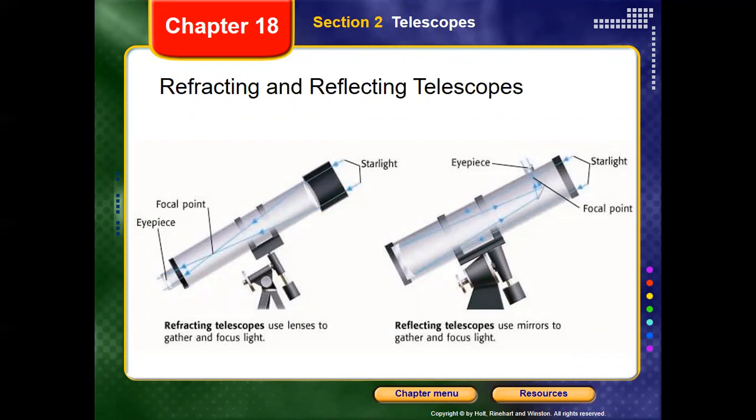The image you receive is smaller than the object we observe, because celestial bodies like planets, moons, and stars are huge. But it makes the objects appear closer so we can observe them. So that is how the refracting telescope works: it uses lenses and depends on refracting light.